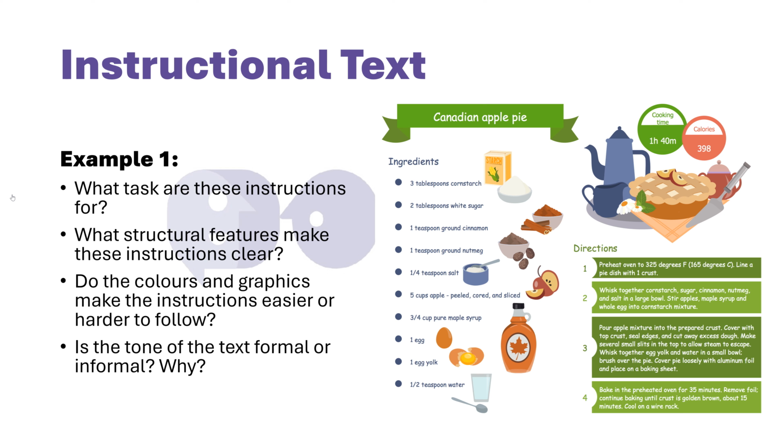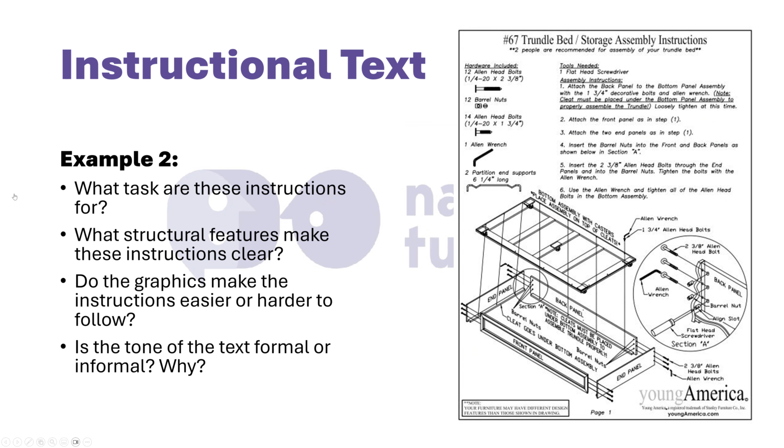If they were to avoid using these specifics, the instructions may not be as clear, it may be harder to follow, or may just be really confusing. When you're giving instructions, clarity is key. So formal tone is always best.